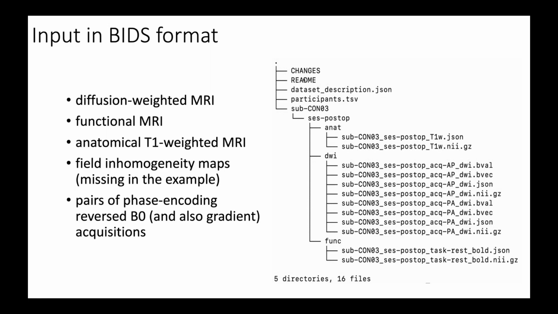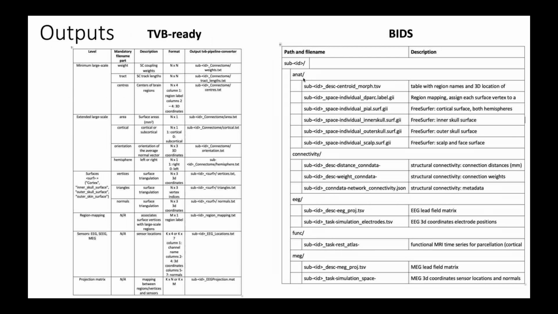So in order to, for example, specify the subject, the session, the type of data, anatomical, diffusion, or functional, and then we have the data files accompanied by JSON sidecar files that describe the metadata of the data files.